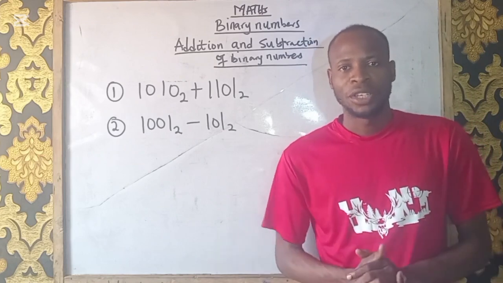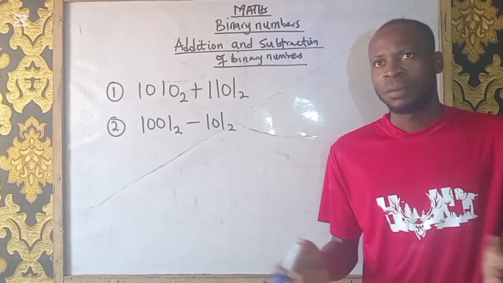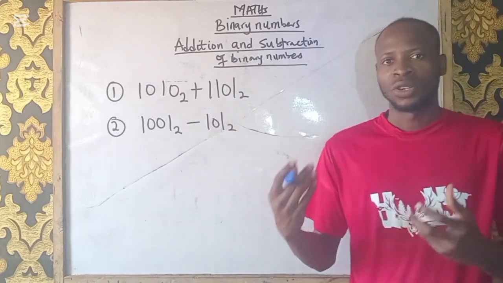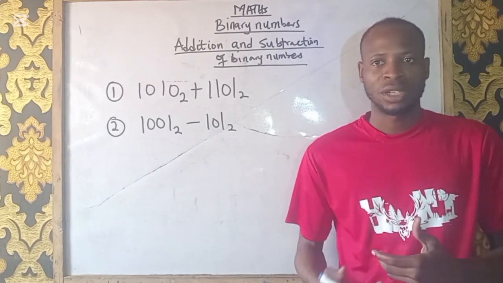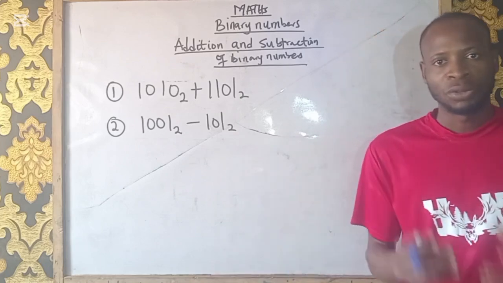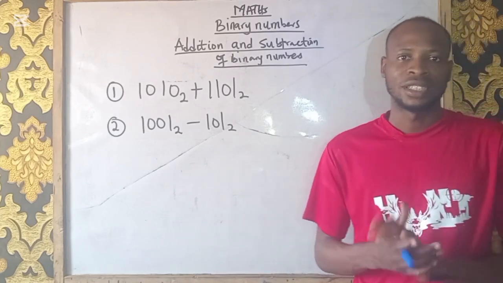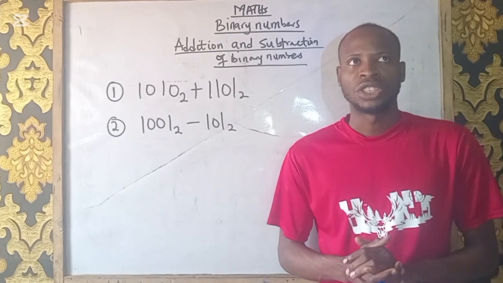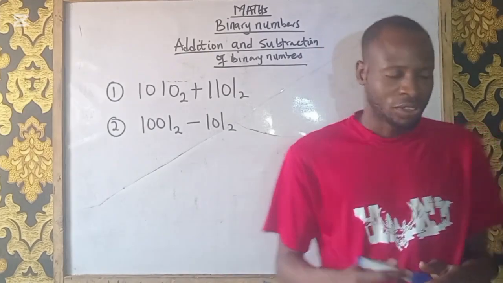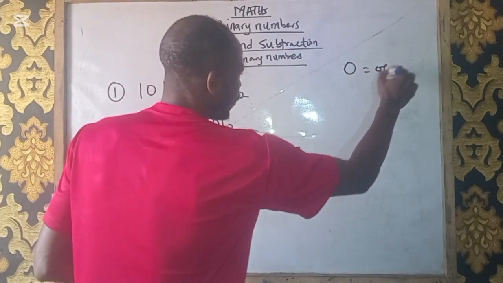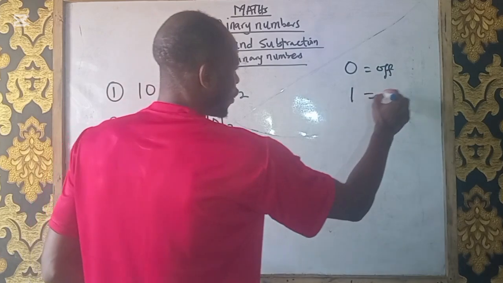But where is it applicable in reality? We can apply binary numbers when you take a picture, for instance, or you send a message to somebody on WhatsApp, record a video and all of that. The information is being processed and stored as binary data, that is zeros and ones. It is also used as a switch in transistors because in transistors, zero is referred to as off, while one is referred to as on.